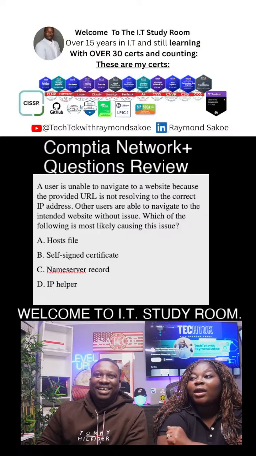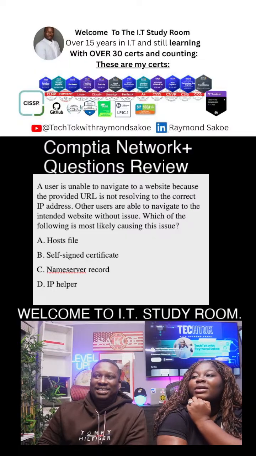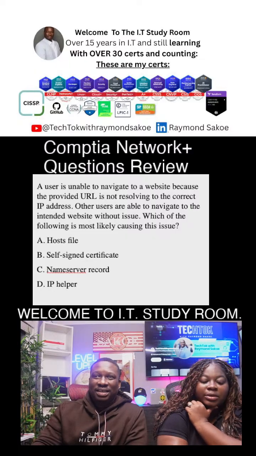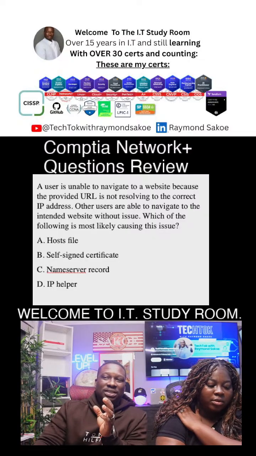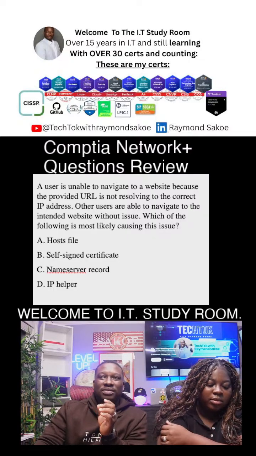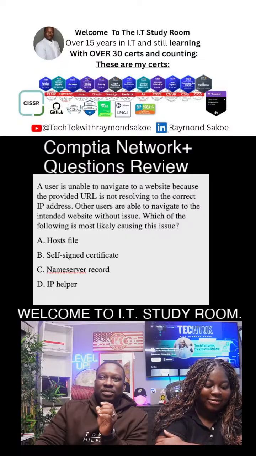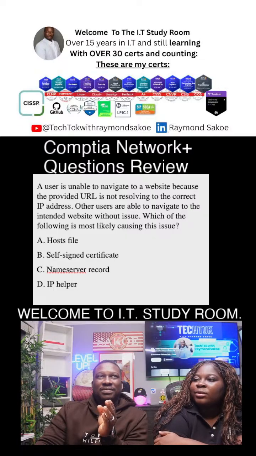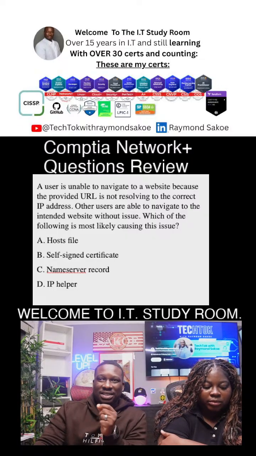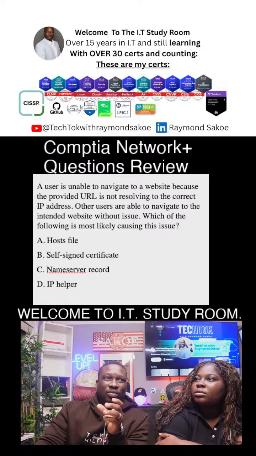Okay. All right. So I see that some people are saying B, self-signed certificate. Usually that would cause a browser certificate warning, right? If servers have self-signed certificates and you try to access them, you get a warning on a web browser.